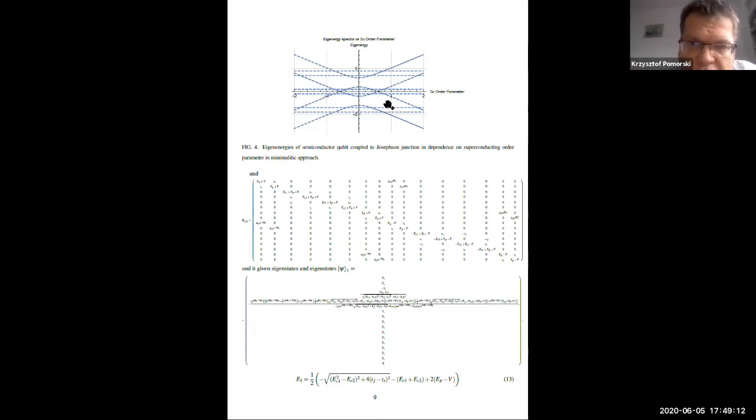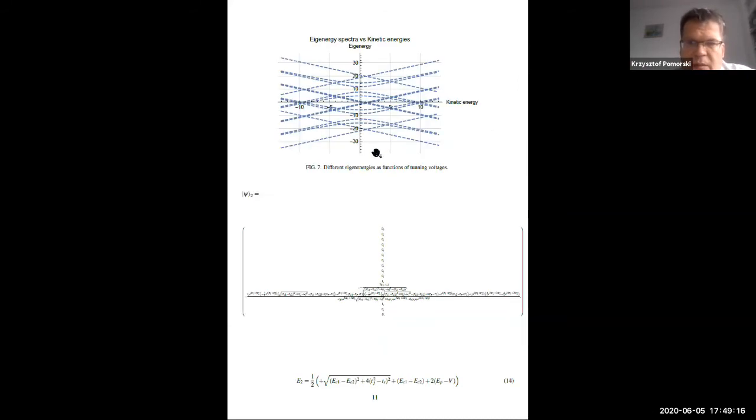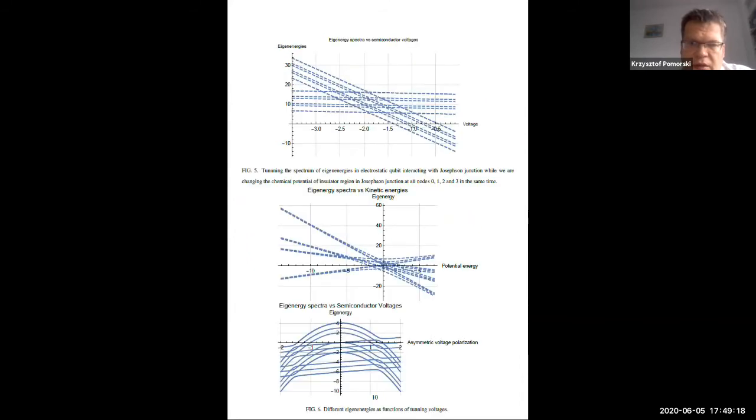Again, you have this exchange of ground energies. All right, then let me move further. The next stage is that there are various ways of tuning the potential energy. These are AP energies, and then you can have nice features of the eigenenergy spectra.